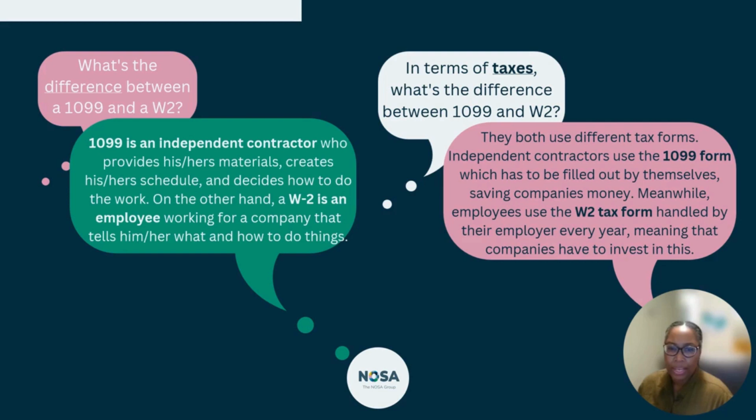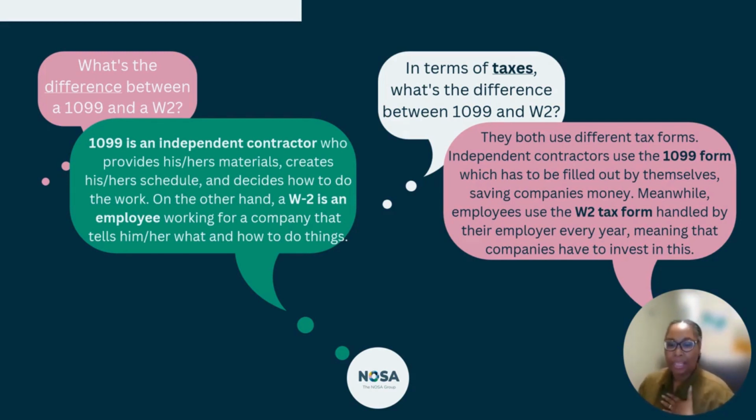Many people say that it saves time, it can save money, but the misconception that I think people have about 1099s is that they don't have to file taxes. That's absolutely not true. So if I'm a company and I work with 1099 people, I file taxes on my 1099 people, and that's how they are responsible for filing taxes.